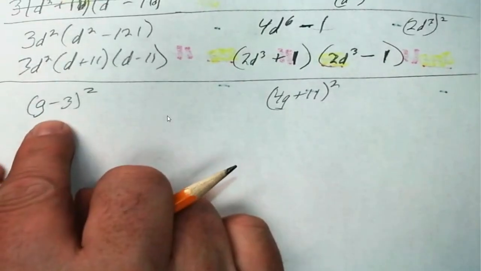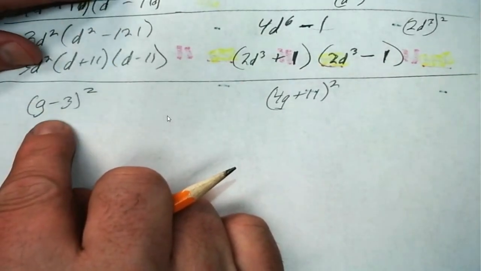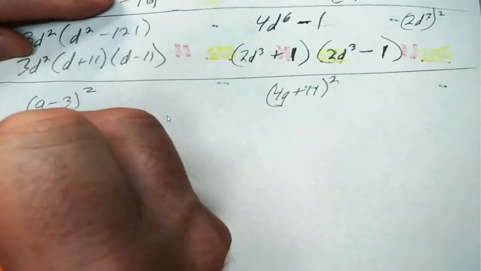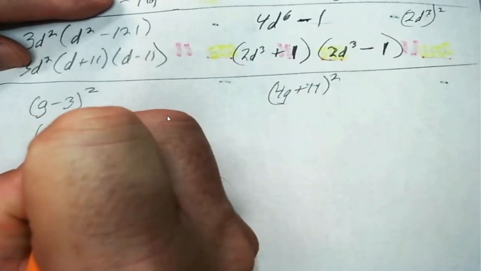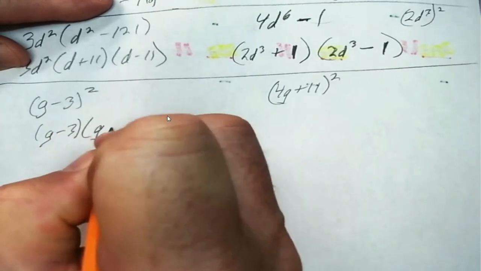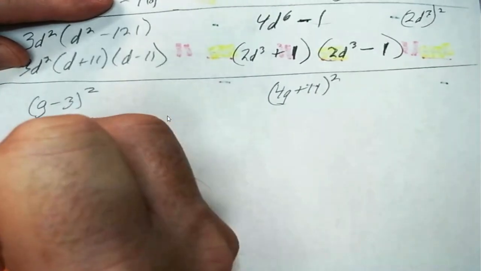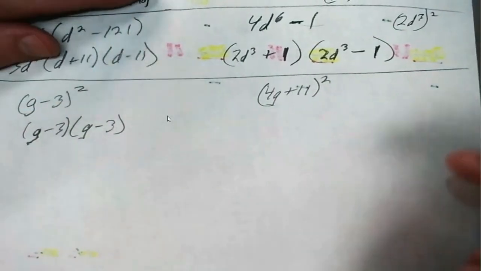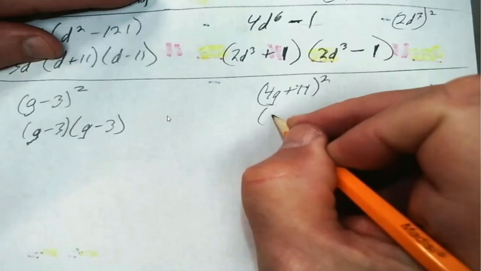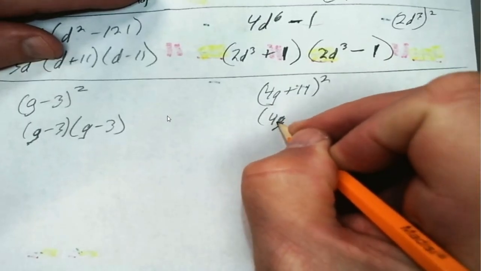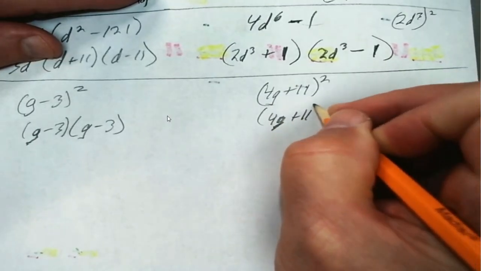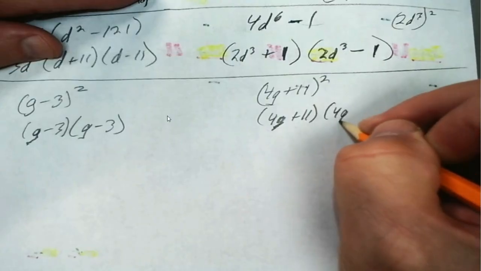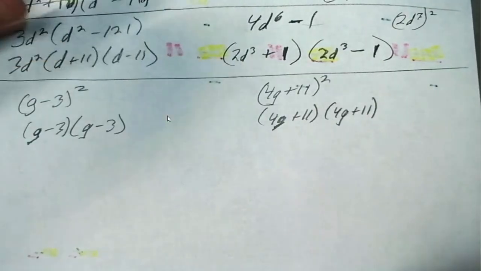If we square this, that means we're actually taking g minus 3 times g minus 3, right? That's what happens when you square something: you multiply it times itself. This one would be 4g plus 11 times 4g plus 11.